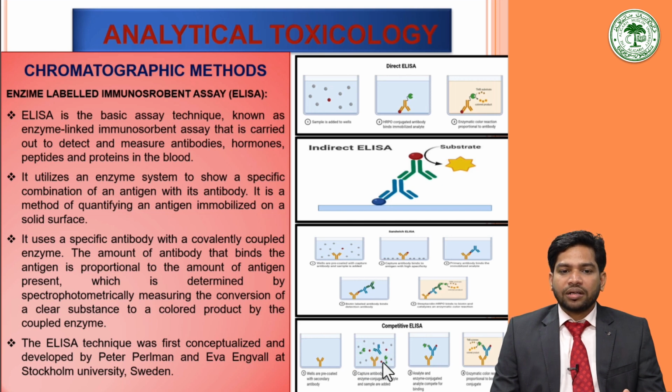According to the contents of labeled antigen remaining and the normal antigen that is binding with it, and then again a labeled antibody, we can detect the different quantities and tell exactly the different concentration of the drug or the poison. So in this way, the ELISA technique is performed.